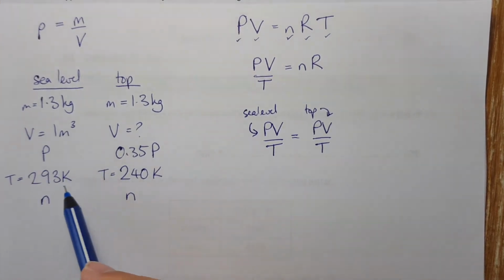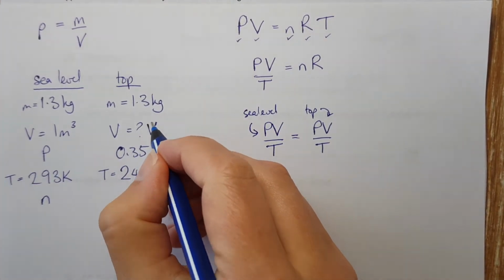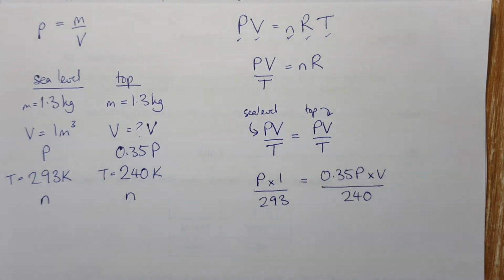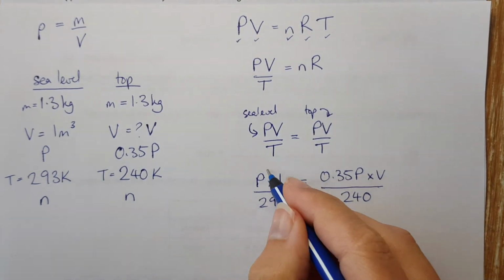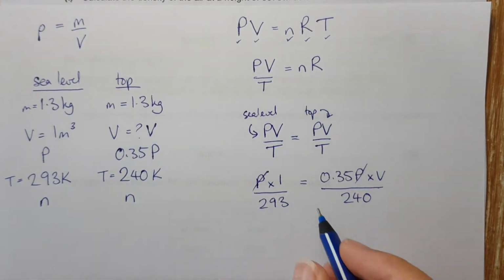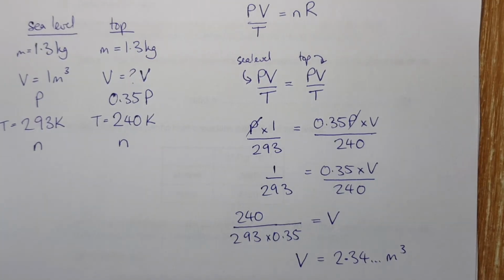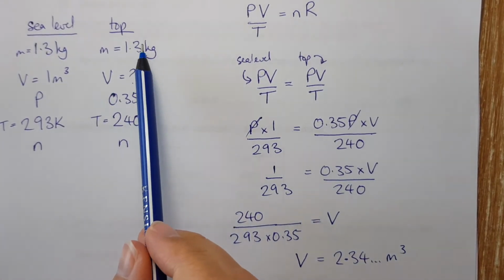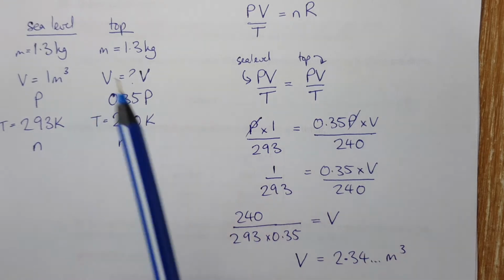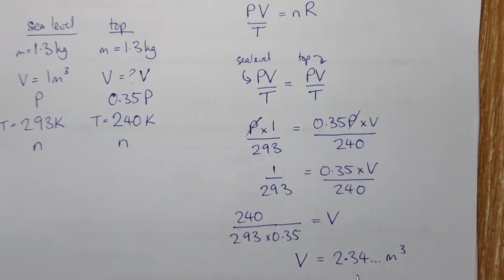Now I'm going to put these values in. I'm just going to put V for volume at the top, the thing we're looking for. Now I can cancel P from there, and so if I work that out, I find that my 1.3 kilograms of air has expanded to fill 2.34 cubic meters by the time it gets to the top of the mountain.